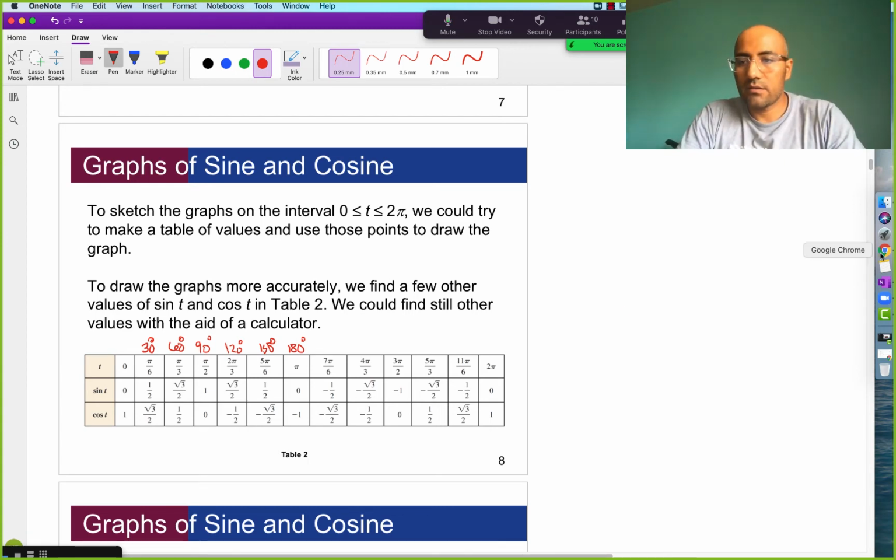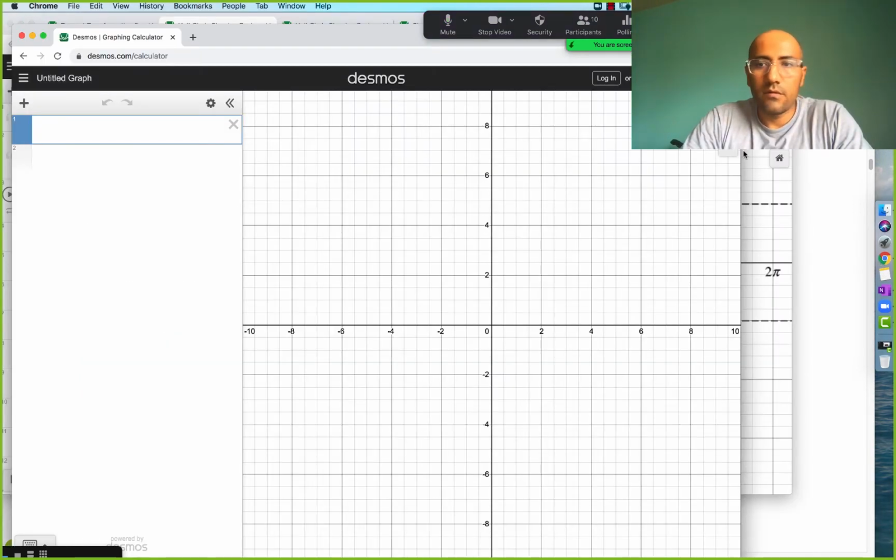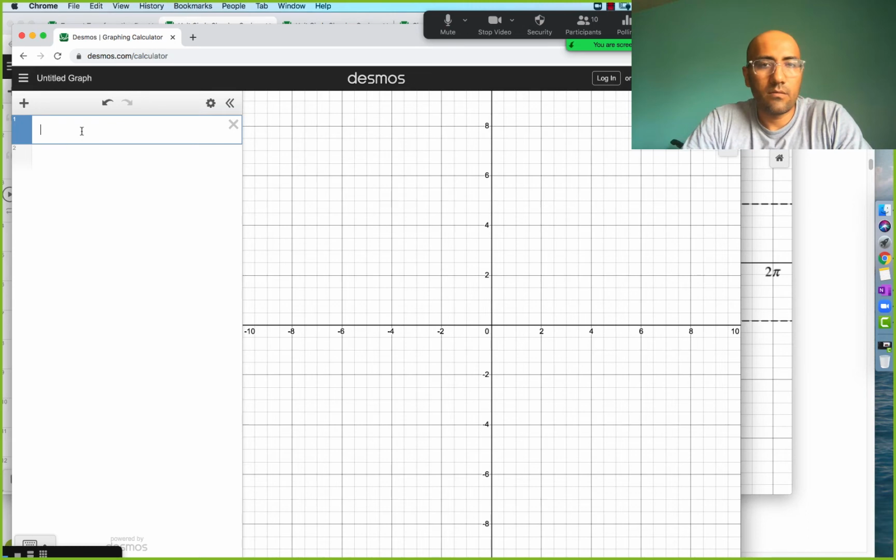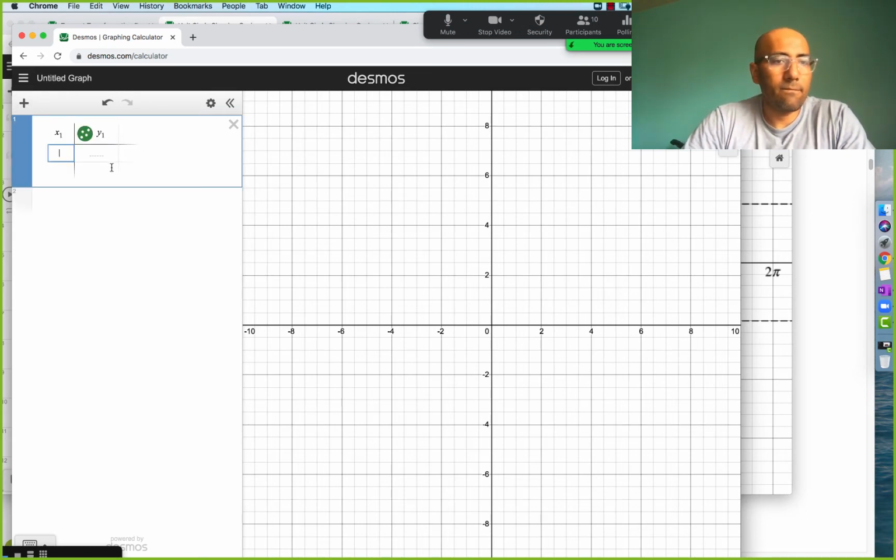And let's put it in degrees. And let's create a table. Sine x. So at 0 degrees, the y coordinate at that point is equal to 0.